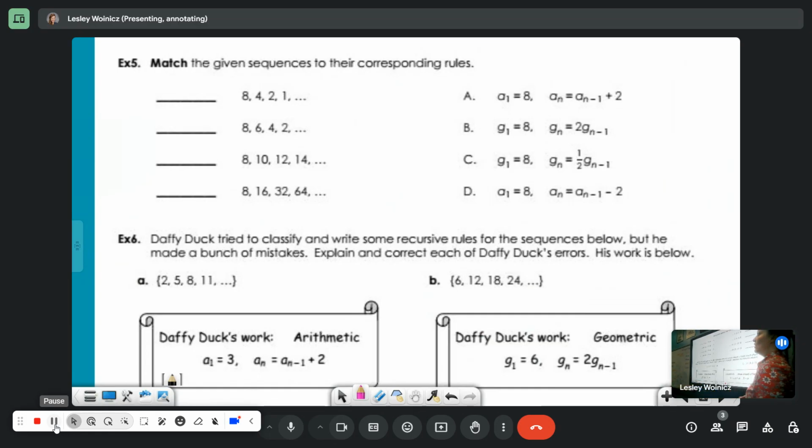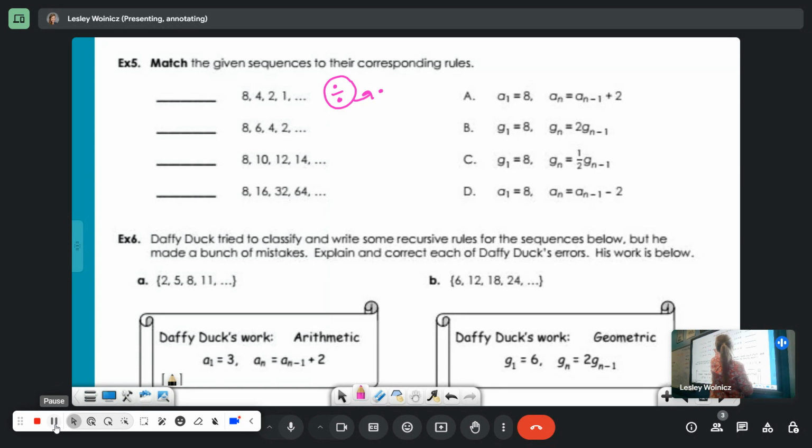Okay, so I want you to look at this and see if you can match the sequence up to its rule. They all start with 8. You want to look and see if you can find the pattern. Like, what is the pattern for this one? Is it subtracting 4 every time? What is it doing? Dividing by 2. Okay, so dividing by 2, we have to turn that into multiplication.